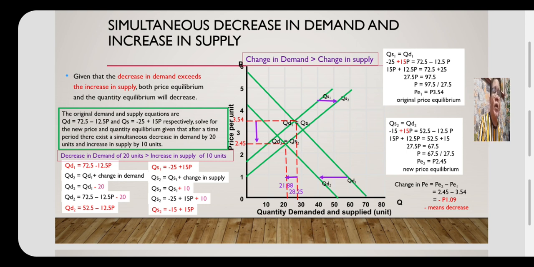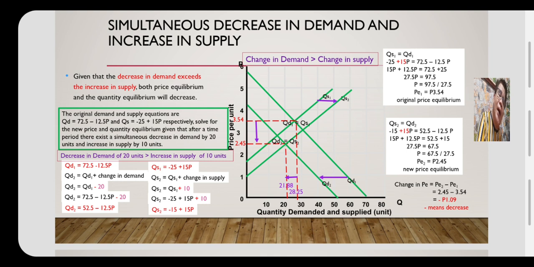For the new price equilibrium, we equate the new supply equation to the new demand equation. And by simplifying, we get a value of 2.45, which represents the value of P and is the new price equilibrium.